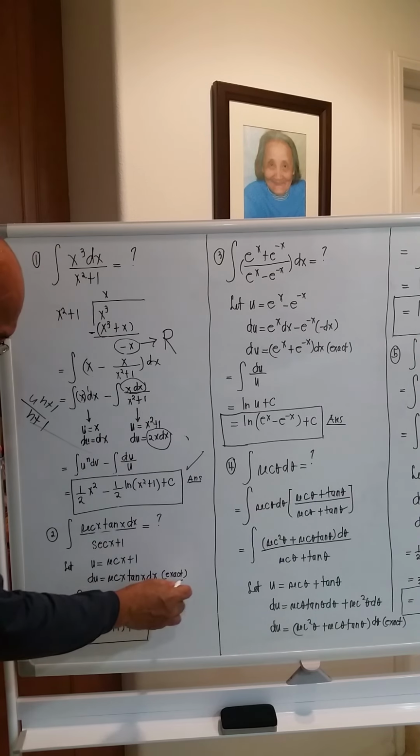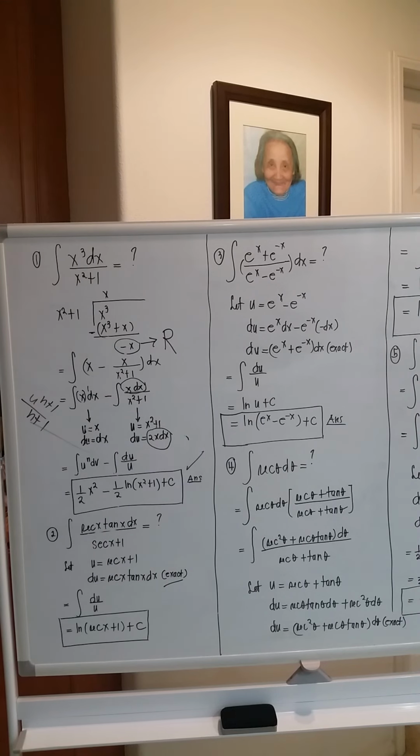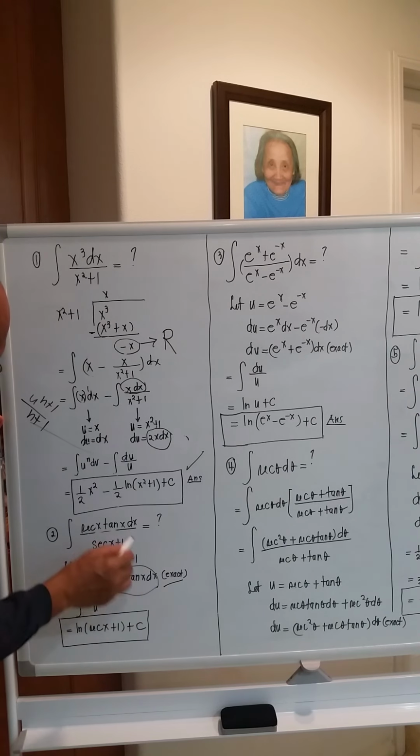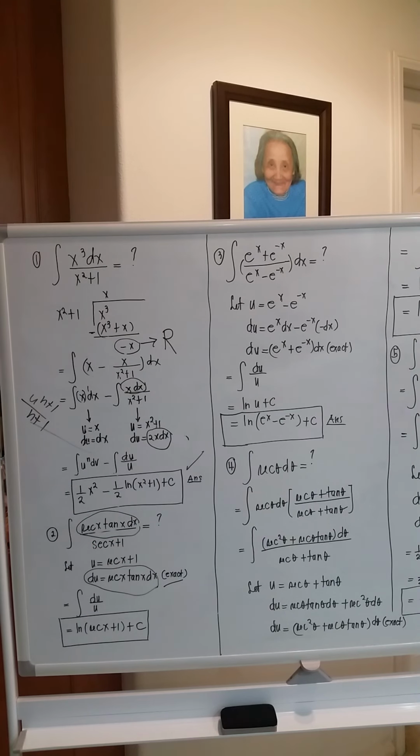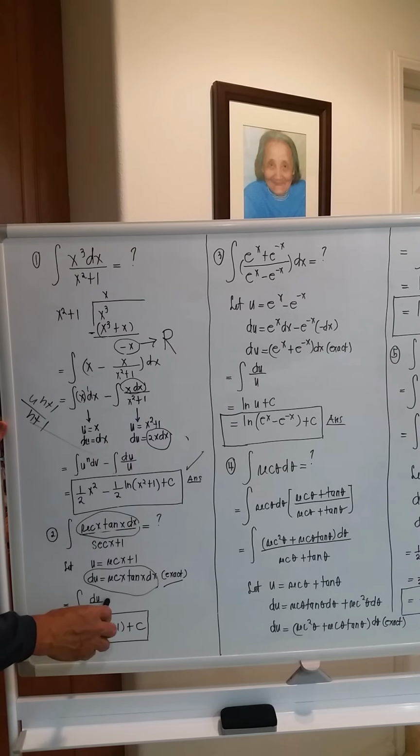It is exact. Why exact? If you look at the resulting differential, it is the same as this. So this now falls under the integral of du over u, which is equal to the natural logarithm of u plus c.